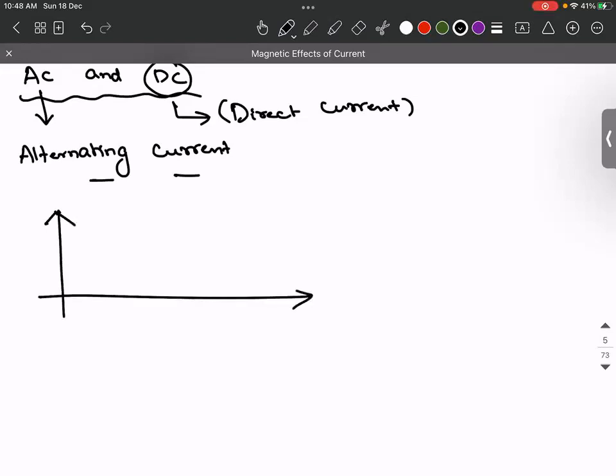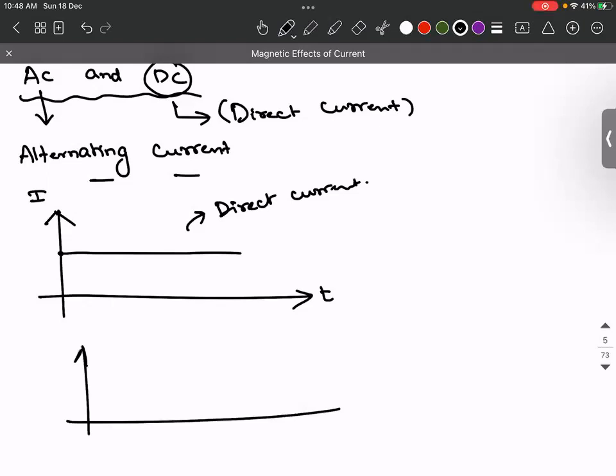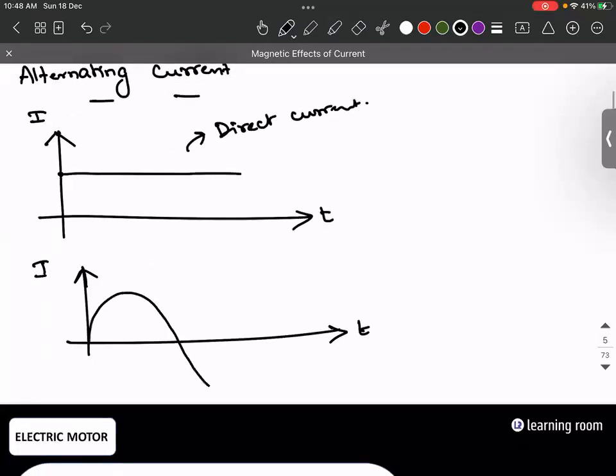Okay. Now tell me one thing. If I draw a line like this where it shows the variation of current versus time, what kind of current is this? Direct current. Okay. If I draw something like this, what is this?